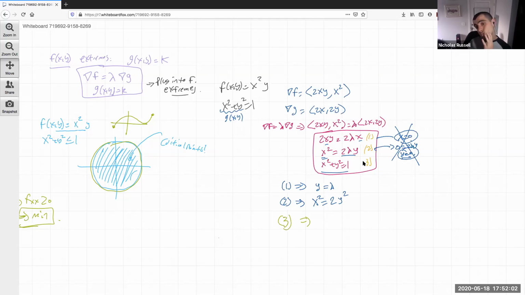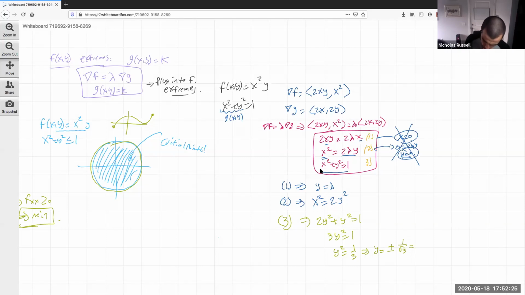So I get 2y squared plus y squared is equal to 1. And now just solve for this. So we would get 3y squared is equal to 1. We get that y squared is equal to 1/3. And therefore y is equal to plus or minus 1 over the square root of 3.